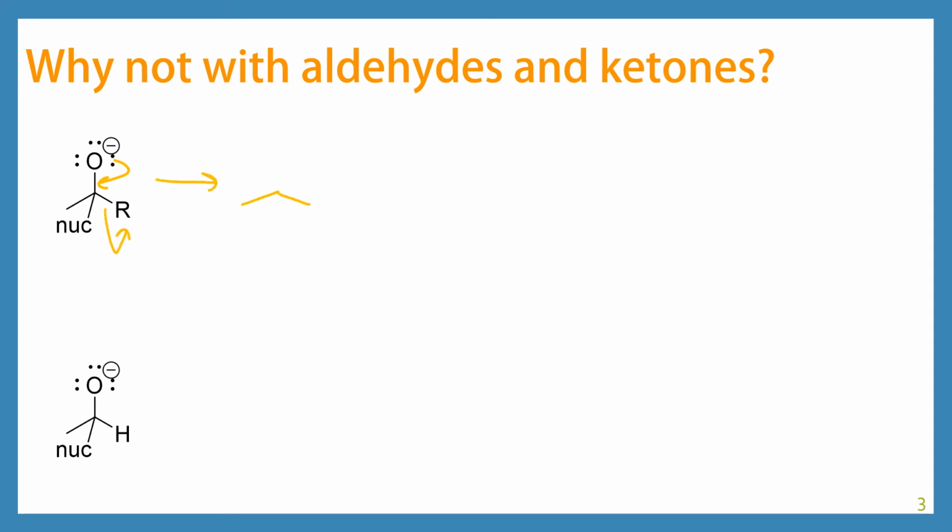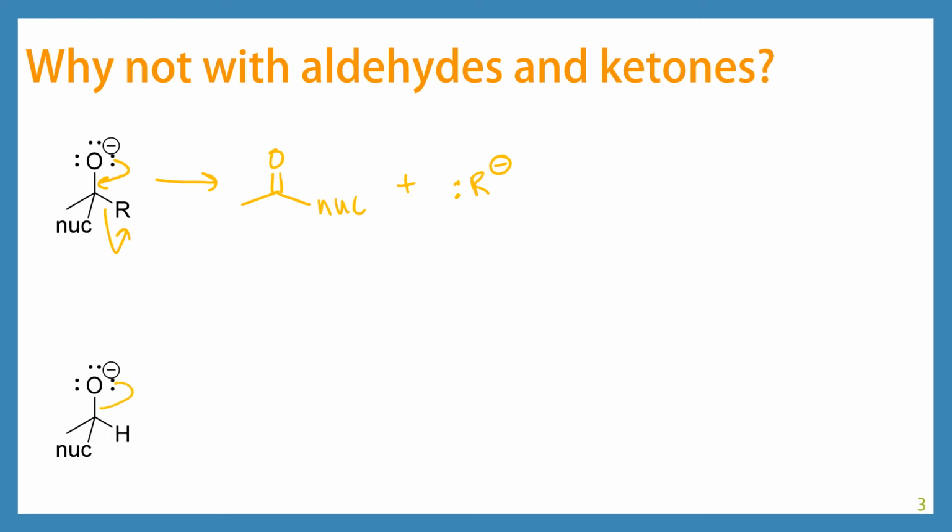This would give us a substitution product with the nucleophile attached to the carbonyl carbon, and an R group with a negative charge. So this would be a negatively charged carbon, a carbanion.